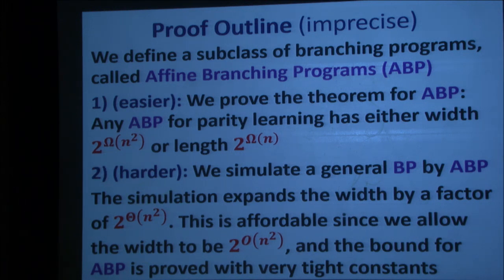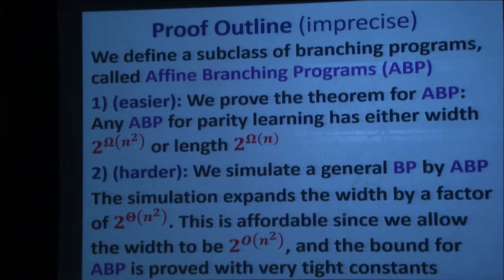So you have to be very careful. This makes the proof very delicate. This part we will prove with very tight constants, and this will be very important. It's actually very easy to do with a 2 to the theta of n squared expansion, but with a bad constant.